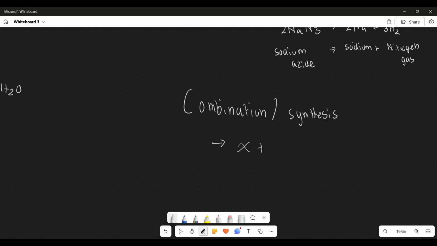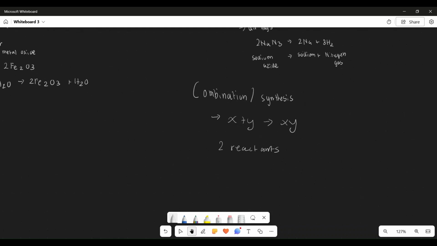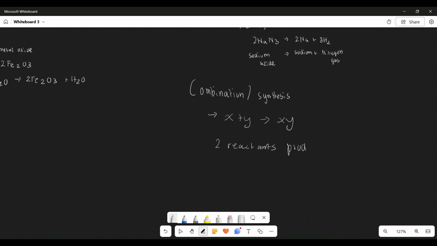This is X plus Y equals XY. So this is when two reactants produce a single product.